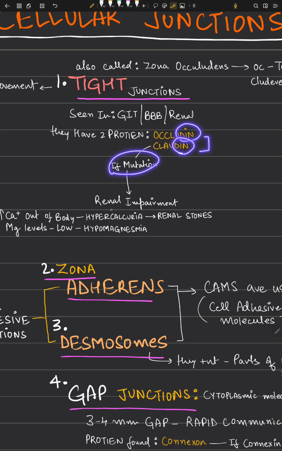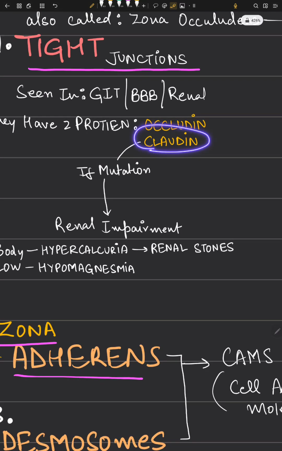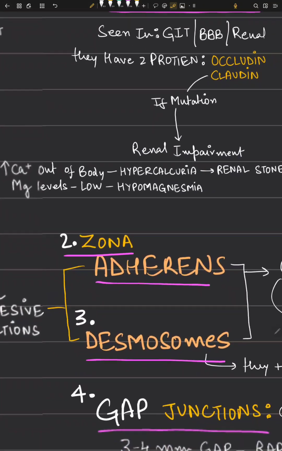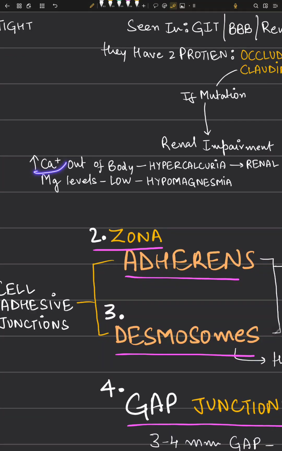If they are mutated, there will be renal impairment, or there can be problems at the blood-brain barrier, or problems at the GIT. But if the claudens are messed up, you will have renal impairment. Your body will lose a lot of calcium, and the magnesium levels will be low as well.